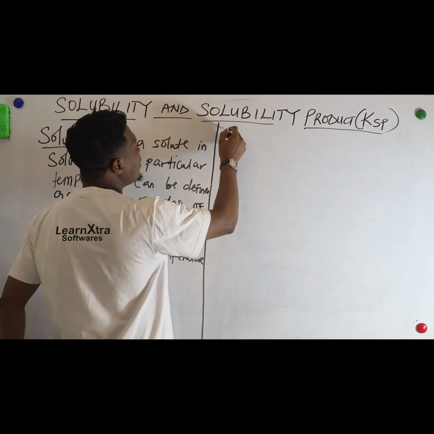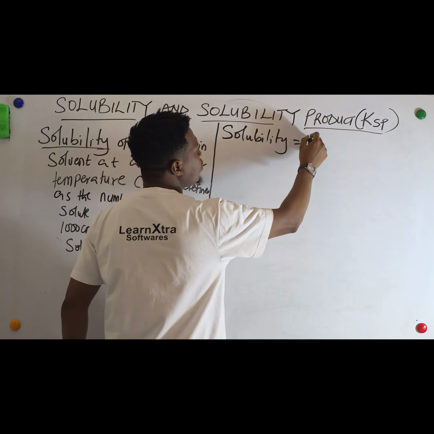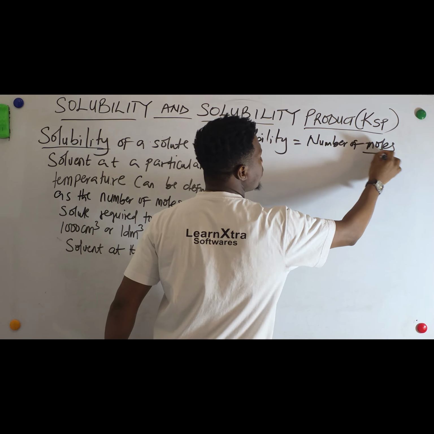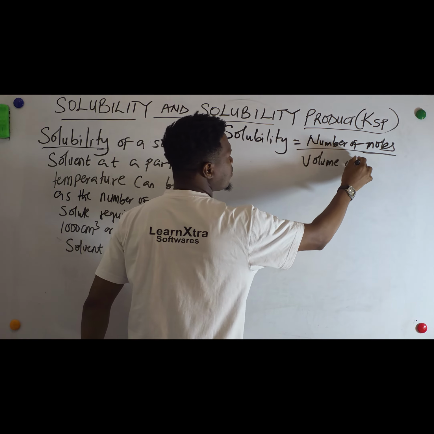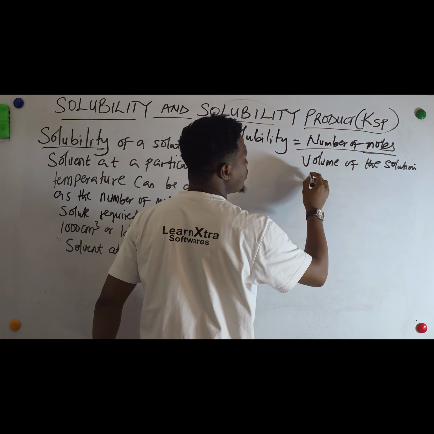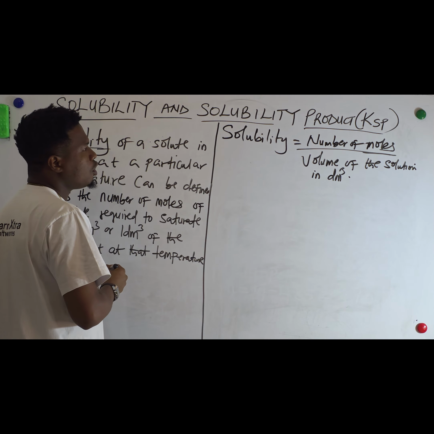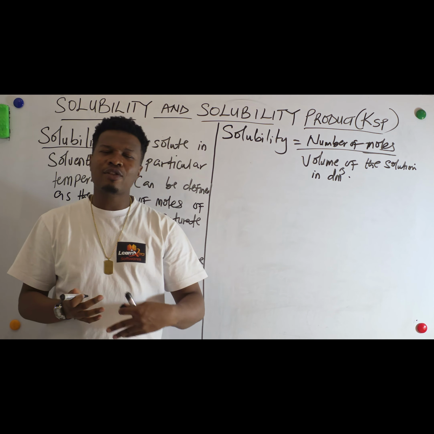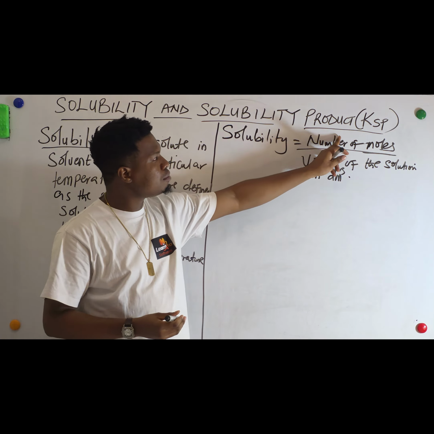So mathematically, we can say that solubility is equal to the number of moles of the solute over the volume of the solution in dm cube.